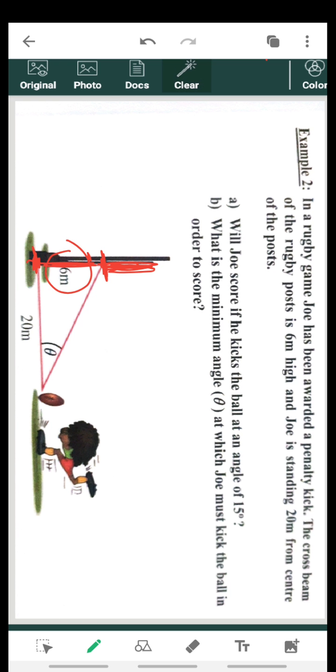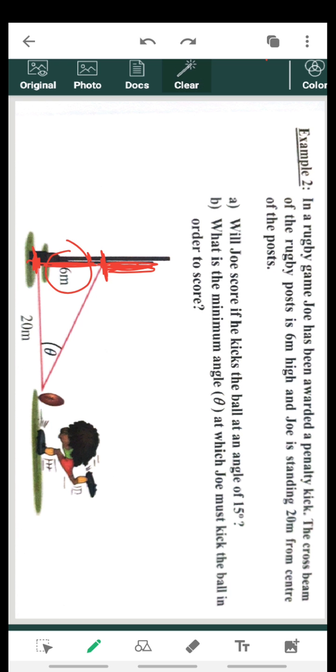Because if the angle is bigger than that, then we'll be getting something like this. So if you are getting an angle bigger than that, then he will be able to score. So as a result, what is it that he needs? He needs to kick the ball at an angle which is greater than 16,7 degrees.